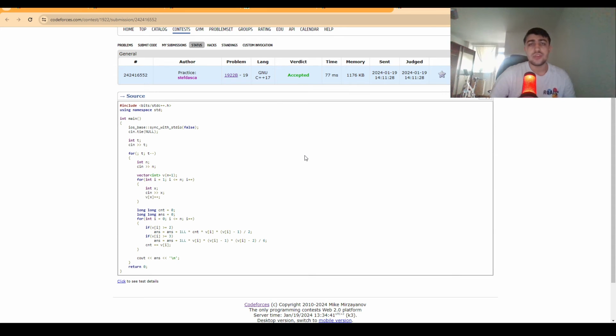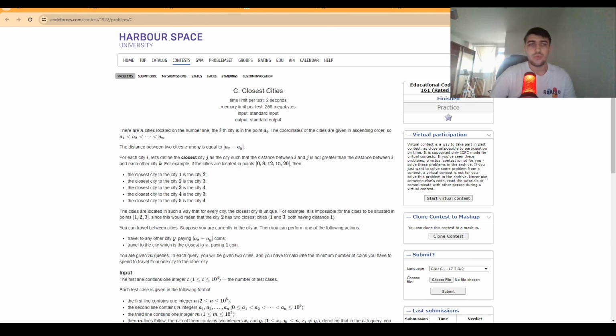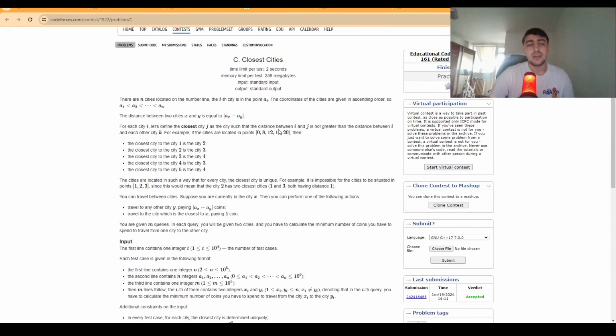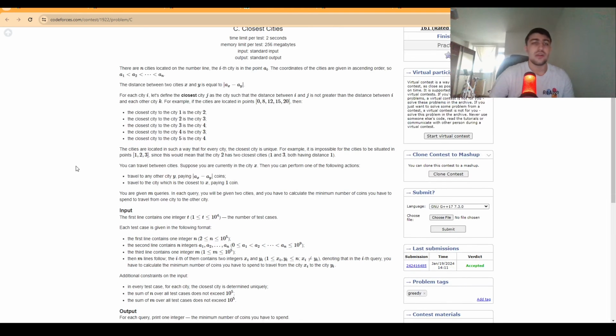Now let's move on to the third and the last problem we are going to discuss in this first video, which is closest cities. So in this problem, we are given a bunch of cities, and we now want to make sure that we have this way to traverse them, and we have this graph now. So we can either travel to any other city or the closest city.